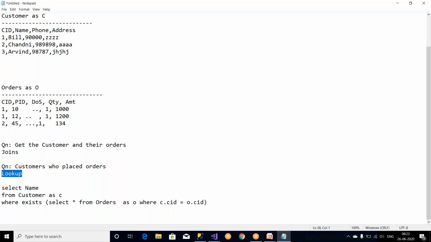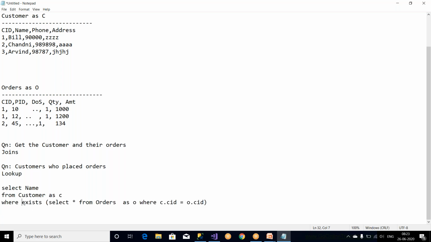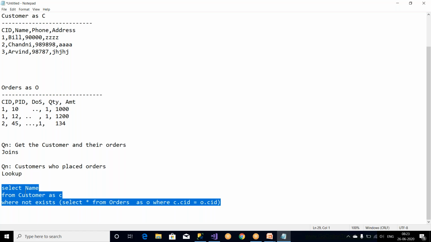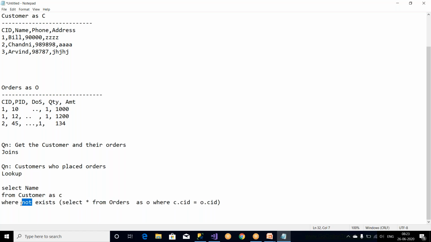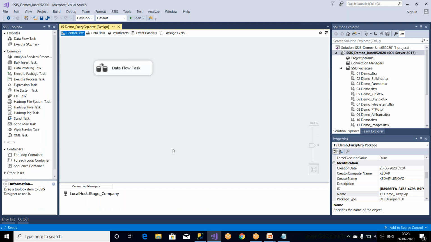But if you wanted to perform the same thing here, to get people who have placed orders, for people who did not place orders, you need to write NOT EXISTS. Clear? So this query is going to give you people who did not place orders. And when you remove NOT here, it gives people who have placed orders. So this is the SQL way of writing it. But the same thing you can do with lookup, matched data and not matched data.